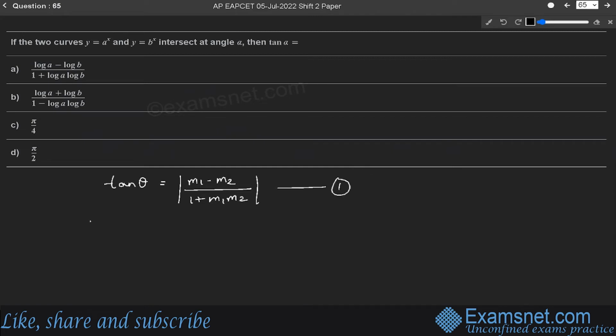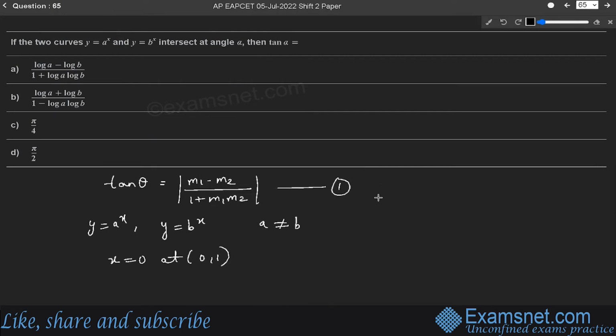The two curves are y is equal to a power x and y is equal to b power x. Here a is not equal to b. And we know that they intersect for x equal to 0 at the point (0, 1).